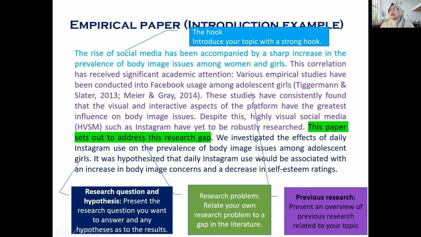So next, this is about the research question or hypothesis. We investigated the effect of daily Instagram use on the prevalence of body image issues among adolescent girls. It was hypothesized that daily Instagram use would be associated with an increased body image concern and a decrease in self-esteem rating.